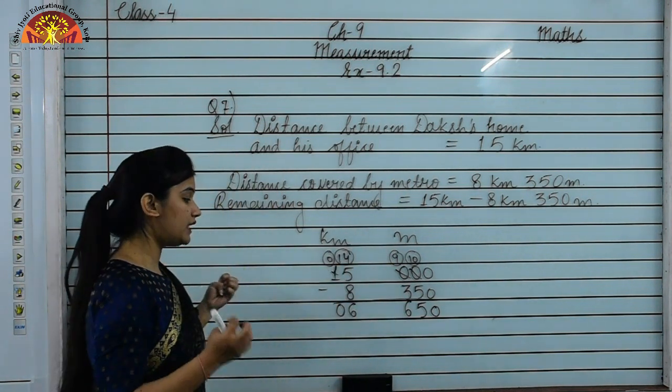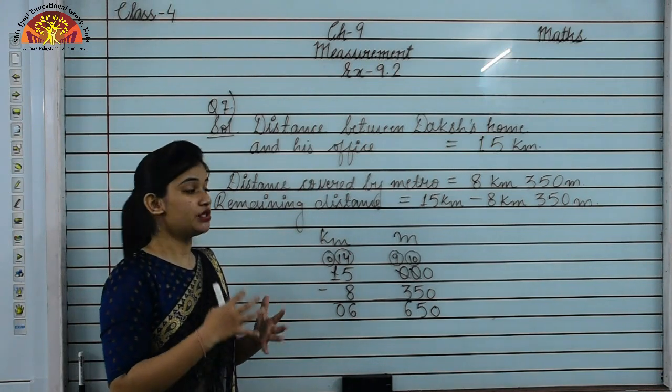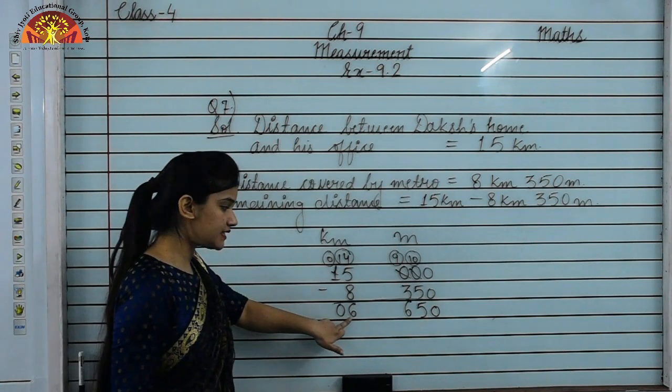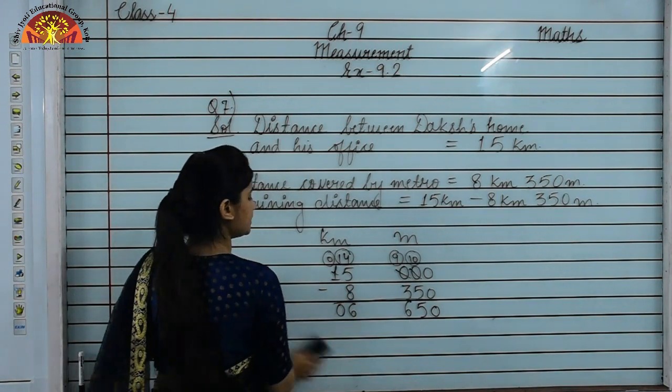It means remaining distance is the distance which he has to cover by some other transport. The distance is 6 kilometer and 650 meter.